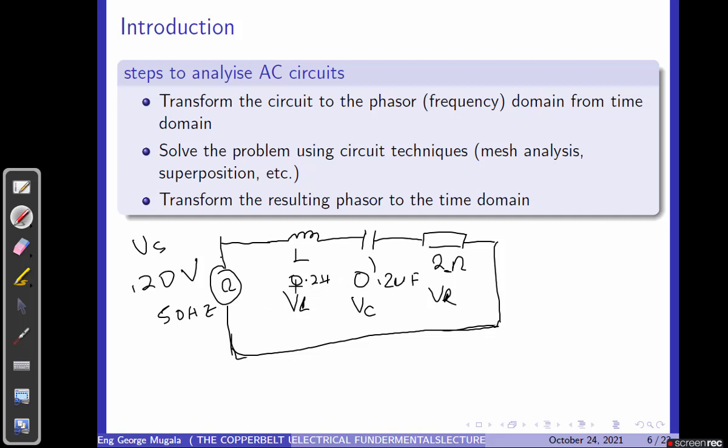Now, there's no denying the fact that by Ohm's law, if we have to find the voltage across each one of these, first of all, we need to know the current that is flowing, IS.